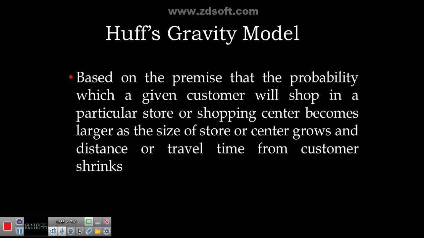So this is Huff's gravity model. Among the alternative sites, a company chooses the site which is larger in size compared to other sites and which is nearest to the target customer. So that is Huff's gravity model of evaluating potential sites.